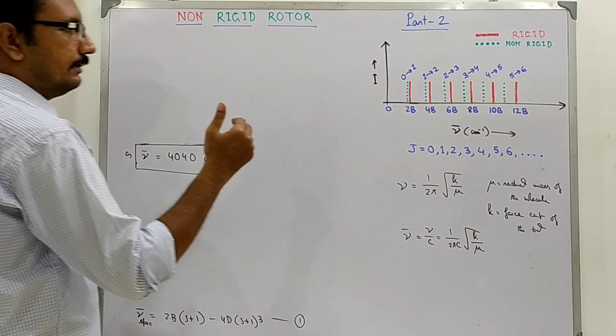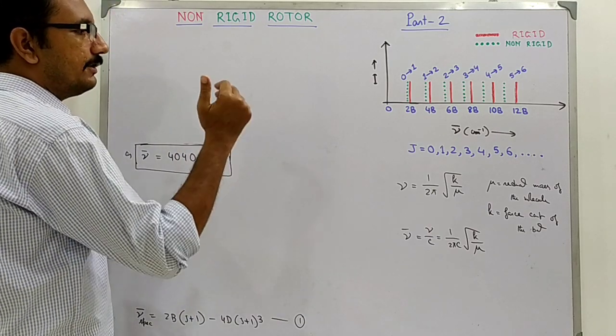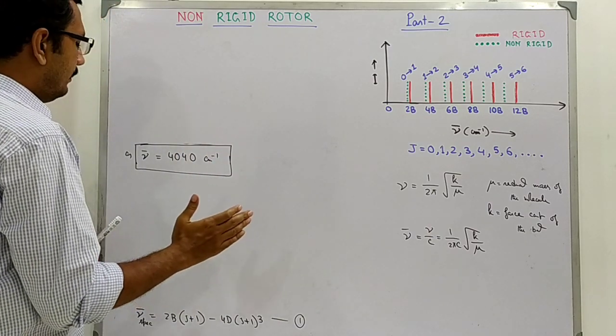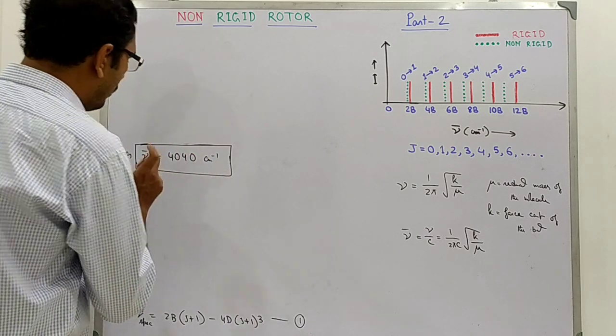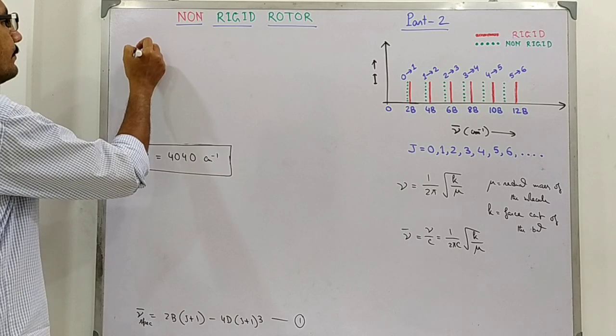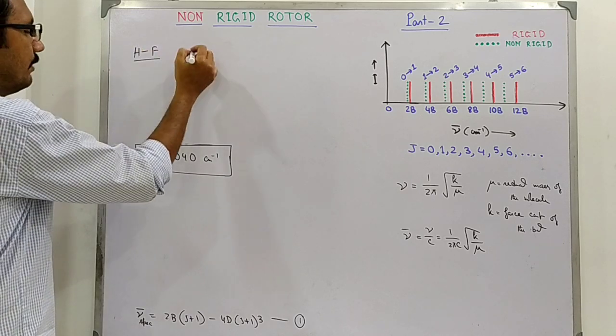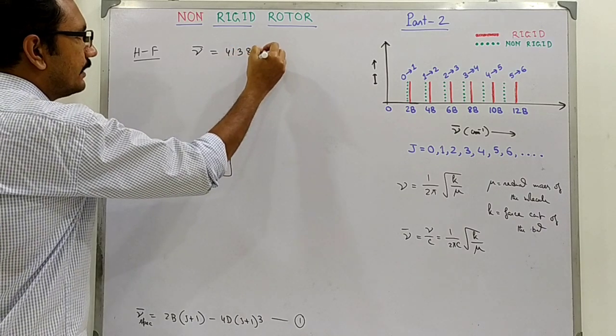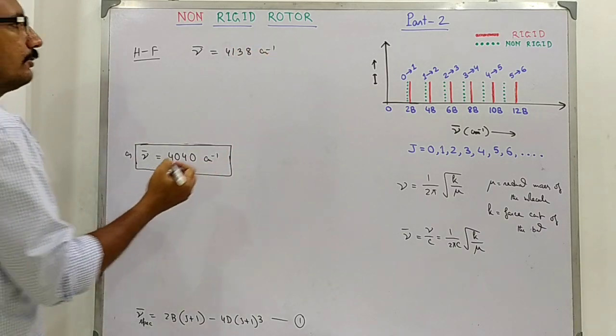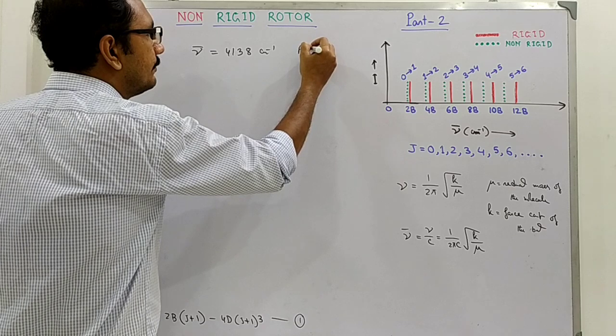From that infrared spectroscopy study, the fundamental vibrational frequency that has been obtained for the molecule HF is found to be 4138 centimeter inverse. So, it is the accurate value.